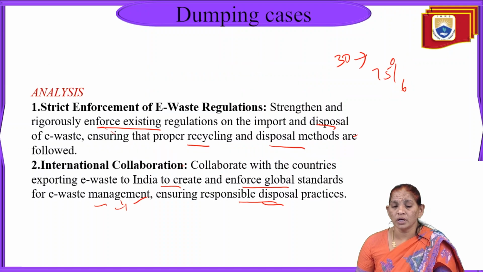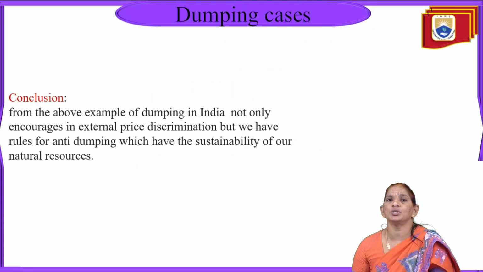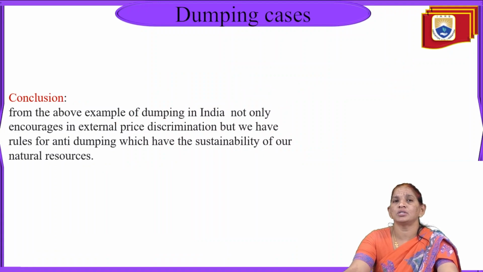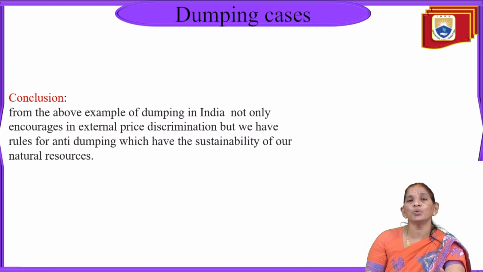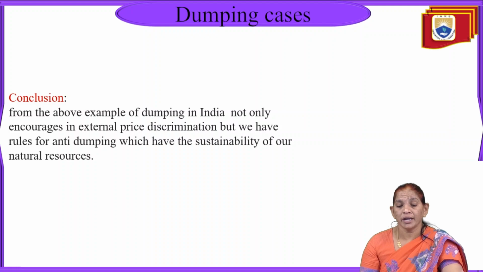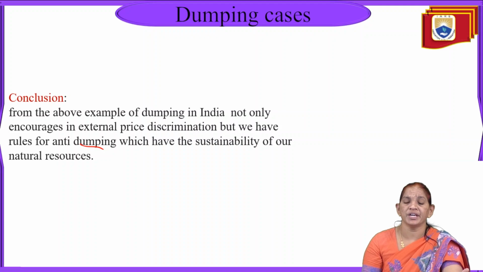The above are the two cases we can cite, relating to the steel industry of India and e-waste disposal in India, where the government handles dumping activities. The above examples, which are facing some problems in India, show that the country should not only encourage external price discrimination but also impose a regulatory framework that is revised from time to time, and take anti-dumping measures for the sustainability of the natural environment.